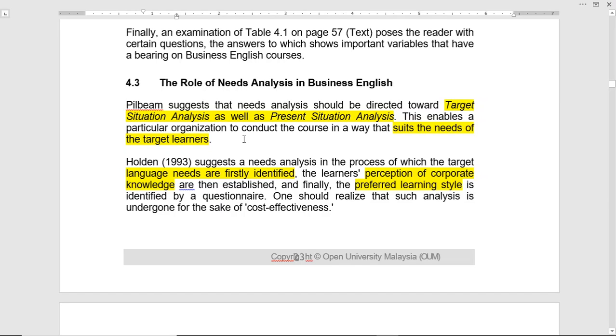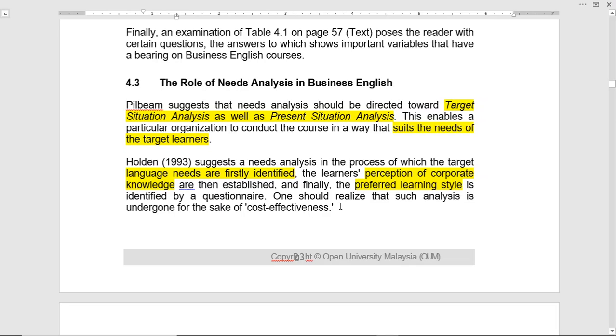Holden suggests that language needs are firstly identified in needs analysis. The learner's perception of corporate knowledge then also has to be established. So, target language needs, what they need to learn, and their corporate or business knowledge at the moment.